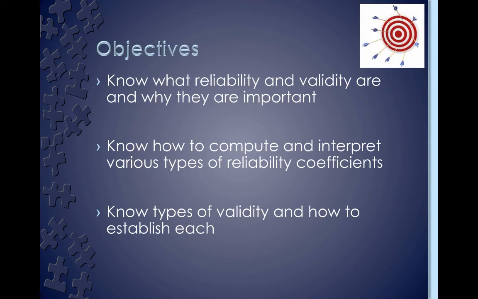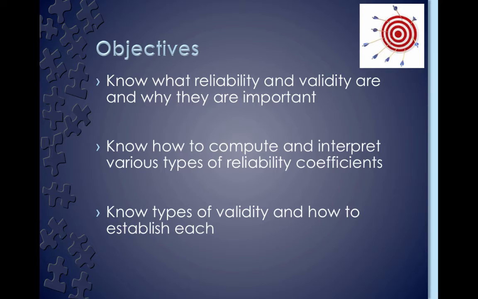So the objectives of this chapter are to know what reliability is and what validity is and why they are important. You also want to know how to compute and interpret various types of reliability coefficients. So we're going to learn about 4 different types of reliability coefficients.